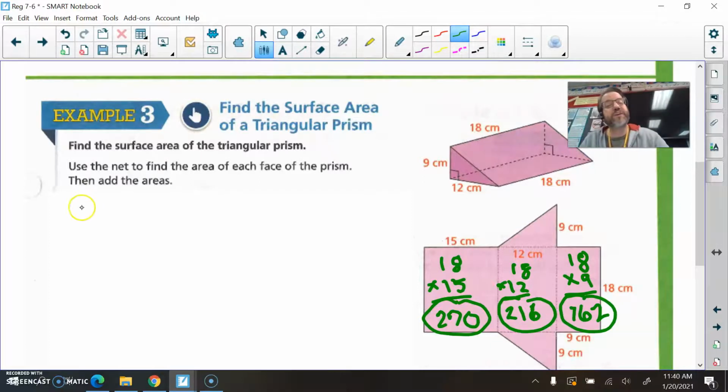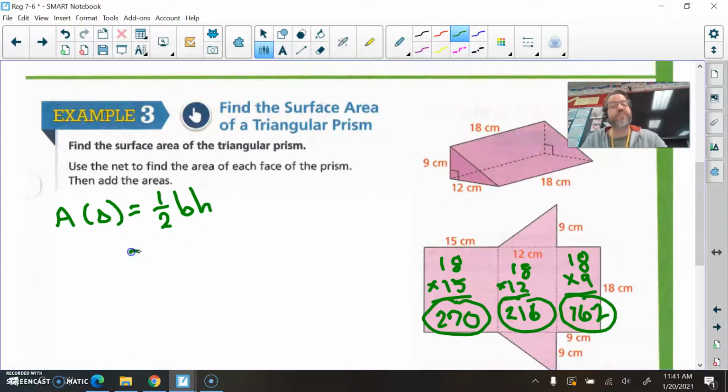Now, how do you find the area of a triangle? Well, to find the area of a triangle, we have to use this formula, 1/2 times the base times the height. Well, in these triangles, the base is 12 and the height is 9. In right triangles, the base and the height are your legs, the sides that form the right angle.